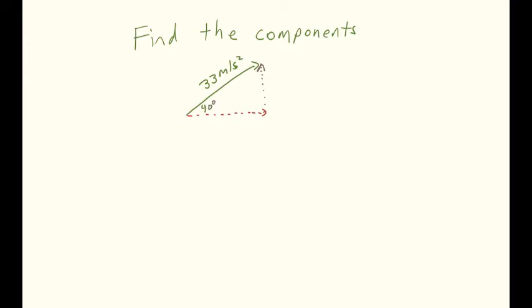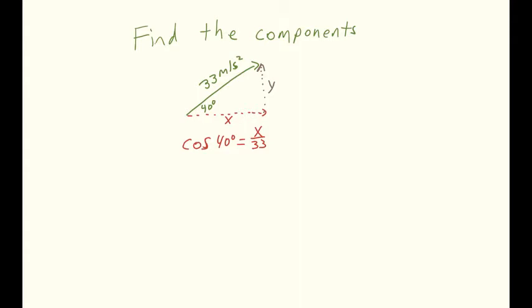In this problem, I'd have to give you the angle, and I'm just going to make up an angle that's 40 degrees. Find the components of that resultant, or that vector, which just means find the length. So I need to know what x is, and I need to know what y is. I'm just making up variables here. To find x, I would say the cosine of 40 degrees equals x over 33, so adjacent over hypotenuse.